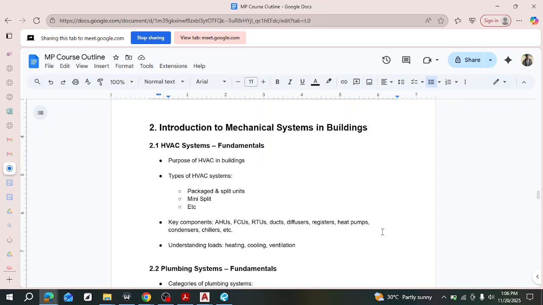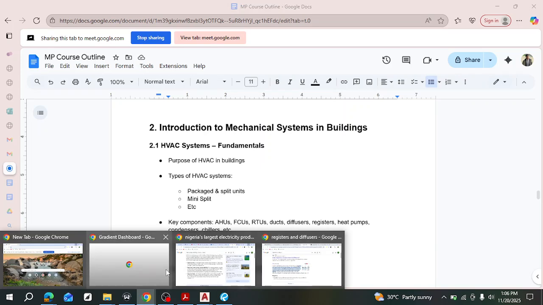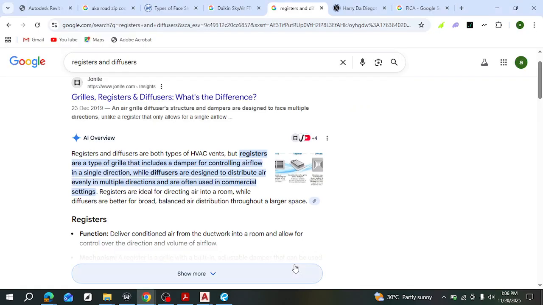Of how cooling, for example, works. With a vapor cycle. Let me confirm this. Give me a sec.